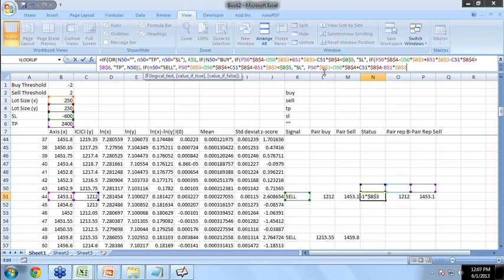If this is greater than take profit, that is B6, then I print TP. All right. If none of these two cases, then I will be repeating the previous value, just like what we did in the case of buy. So this is done.